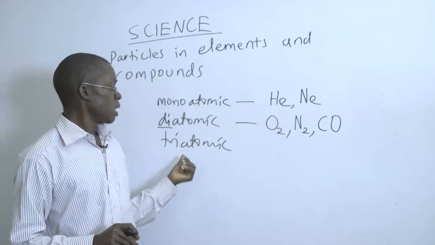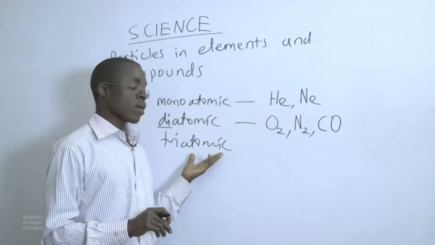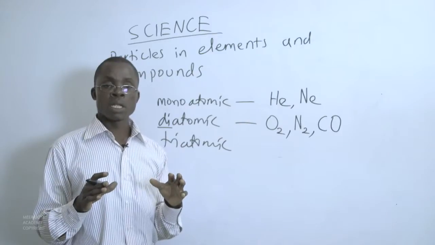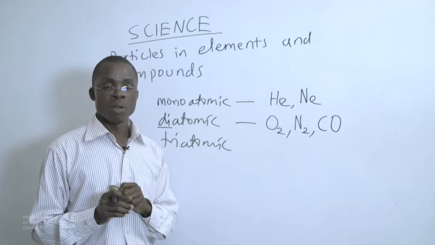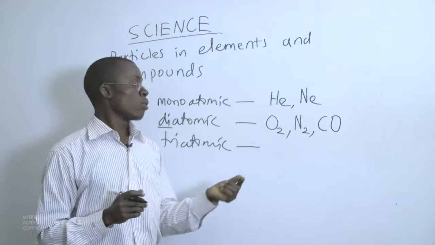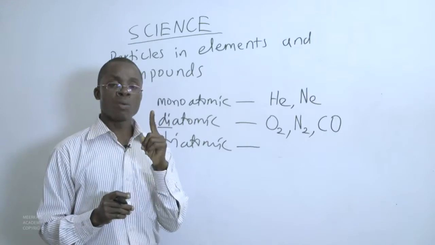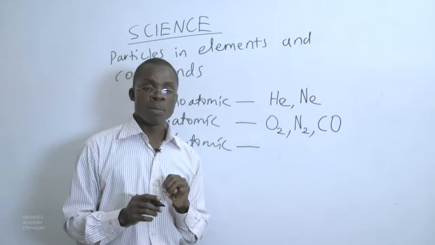The third one is triatomic gases. Here we have gases that have three atoms forming one molecule. A good example of a triatomic gas where you have one type of atom but three of them is ozone.